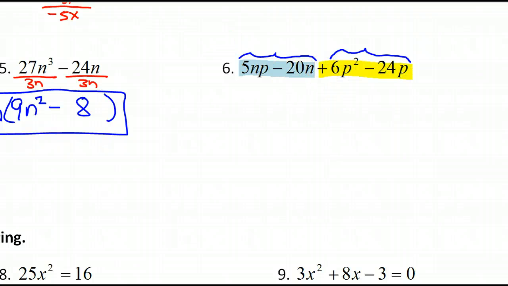Let's do the blue group first. You look and see what is the common factor here. I see a 5 goes into both, and both of these have an n, so 5n. So I will pull out 5n.